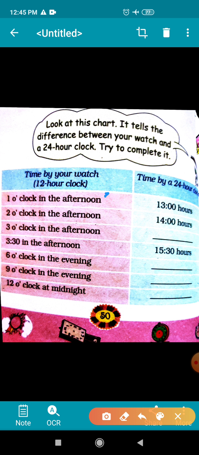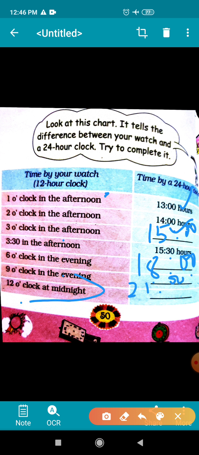So 12 plus 1 becomes 13, 12 plus 2 becomes 14, 12 plus 3 becomes 15:00 hours, 3:30 becomes 15:30 hours, 6 o'clock becomes 18:00 hours, 9 o'clock becomes 21:00 hours, and 12 o'clock at midnight will be 00:00 hours. Children, hope you all are getting how we can convert 12 hours time into 24 hours clock time.